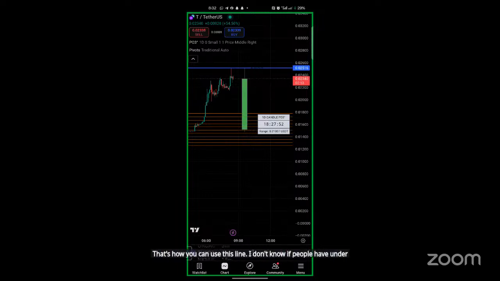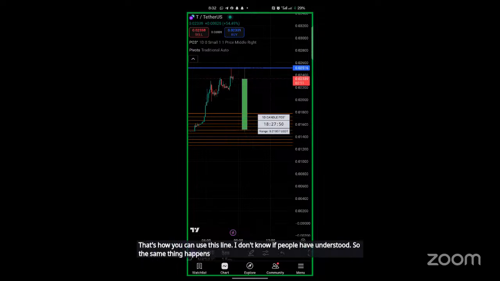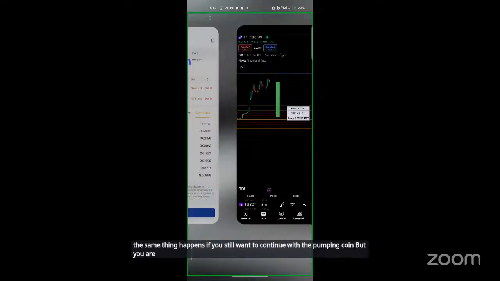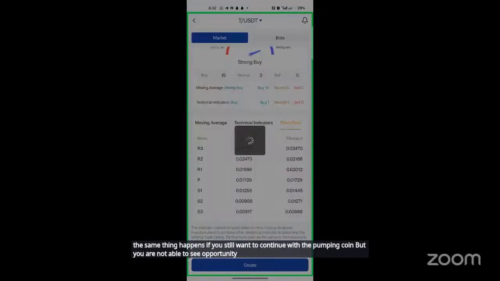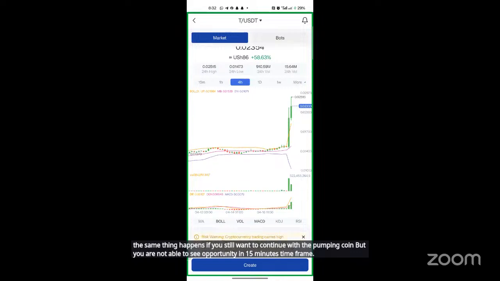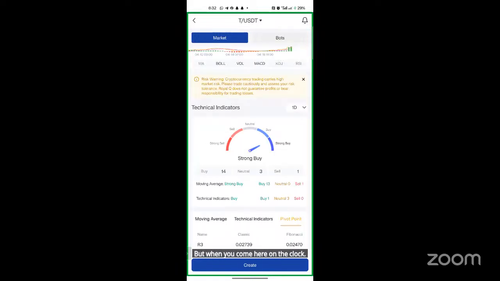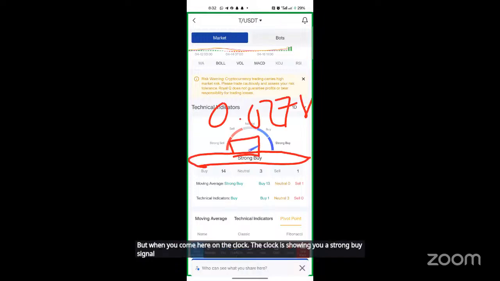So the same thing happens if you still want to continue with the pumping coin, but you are not able to see opportunity in the 15 minutes time frame. But when you come here on the clock, it is showing you a strong buy signal that the buyers are in.